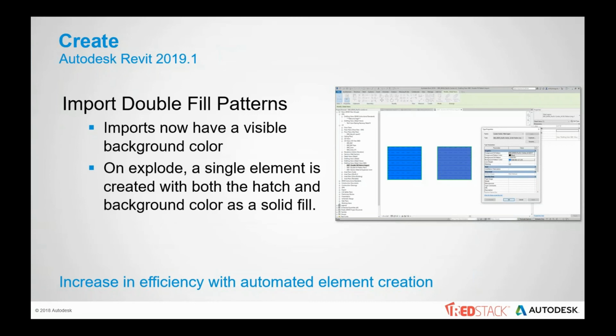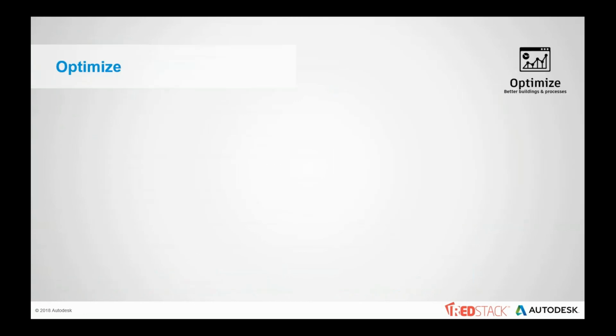You import this DWG file back into Revit and explode it. A fill pattern will be created that has a foreground hatch and a background solid fill for all places the pattern was used. So the management of imported fill patterns has been significantly reduced by this new process of complete data transfer and effective data translation.